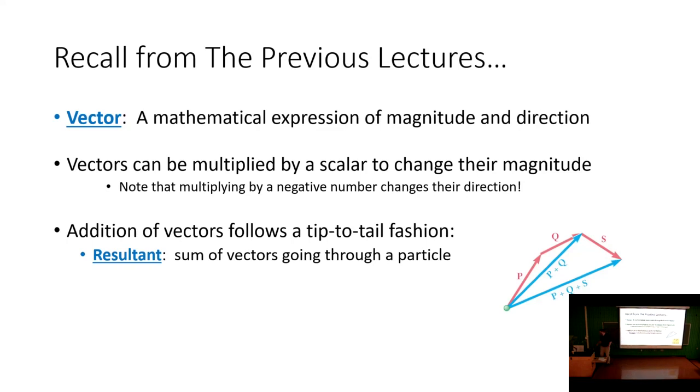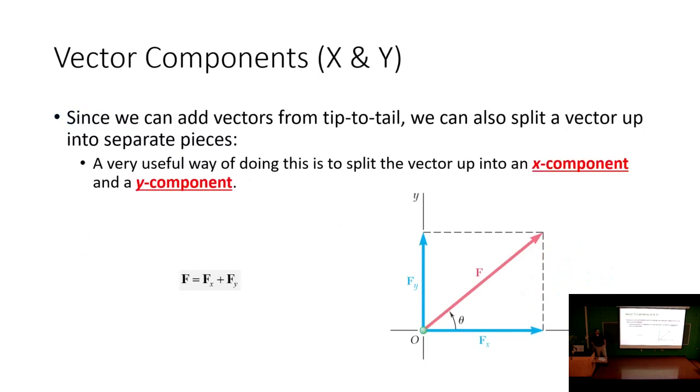So what that means for trying to standardize this process a bit is, what if I took vectors and split them into X and Y components? For every vector I ever define, instead of just dealing with this vector at some random odd angle, I would say this vector equals some vector along the x-axis plus some vector along the y-axis. And I do that for every vector that I ever define.